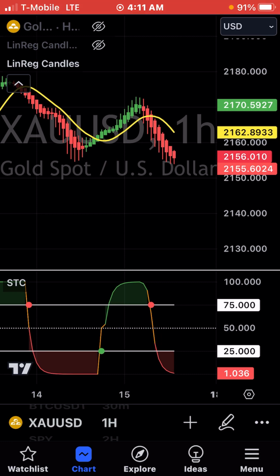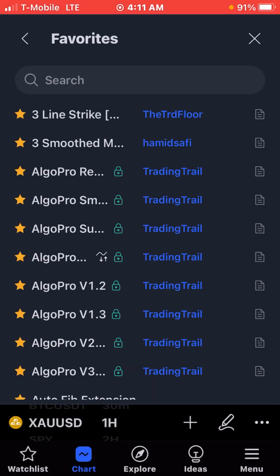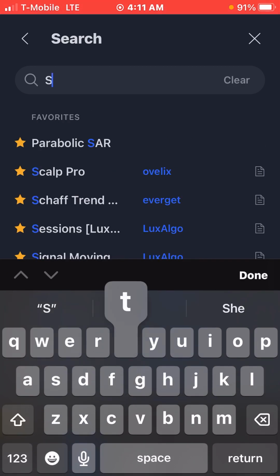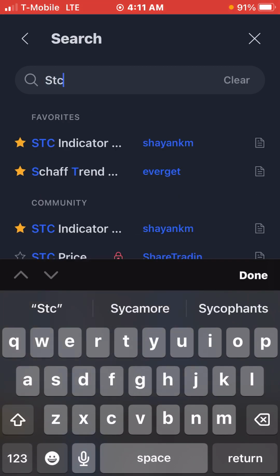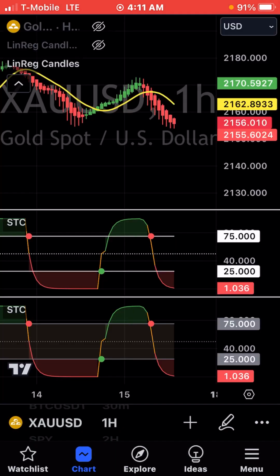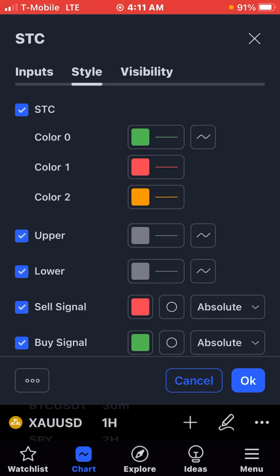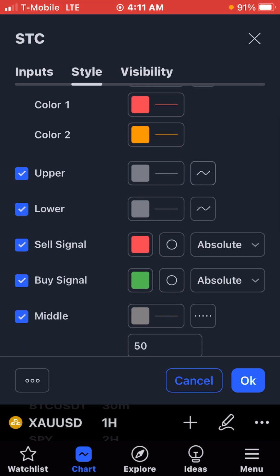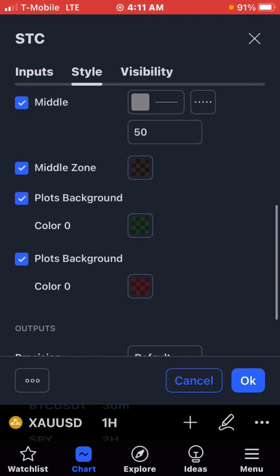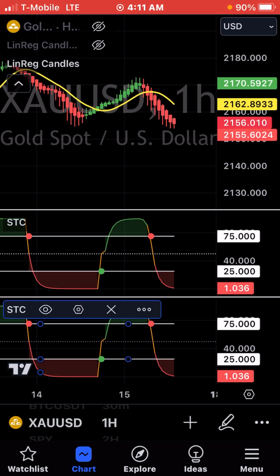The next thing you need to do is load up your STC, the Schaff Trend Cycle, right here. I'll show you the default one. You'll notice my settings are a little different from the default. On the upper and lower lines, I make them white so you can see them better, and then I get rid of the middle zone by unchecking it, and then it'll look like this.